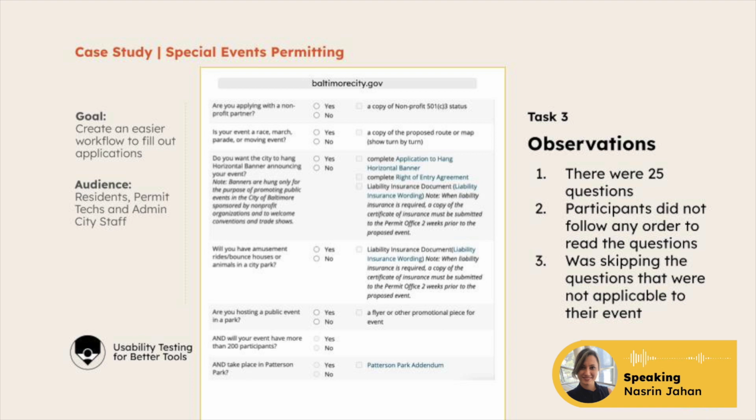If I am applying with a nonprofit partner, I clicked yes. But if the question is, is your event a race, march, parade, or moving event, and that's not my event, I didn't click no. Because in what we have observed, people don't care to put effort into that.